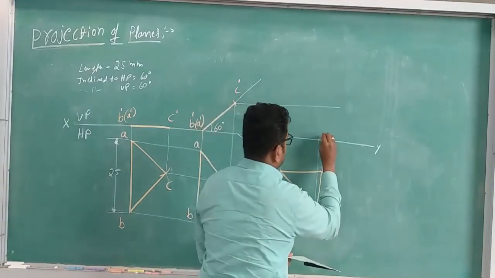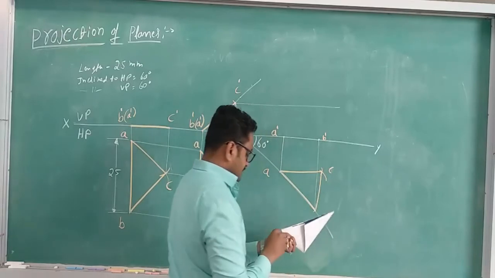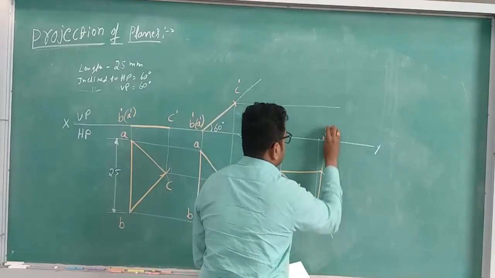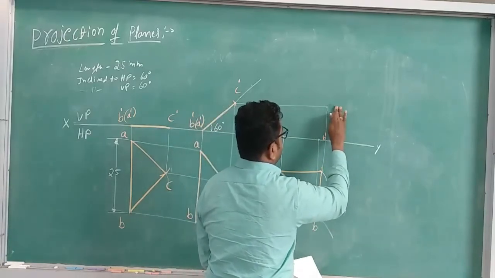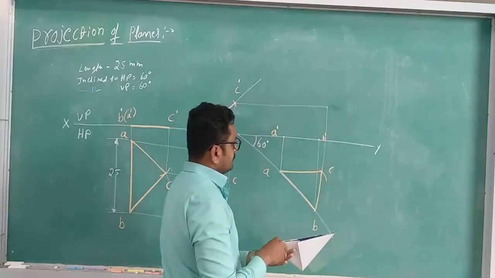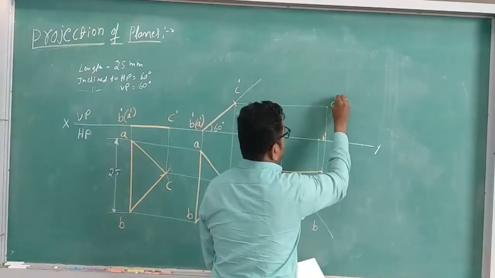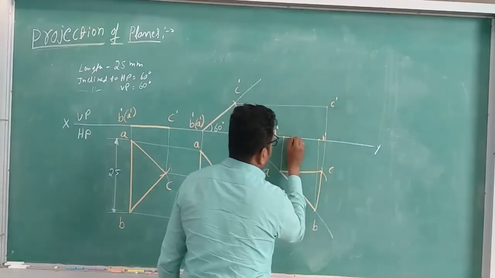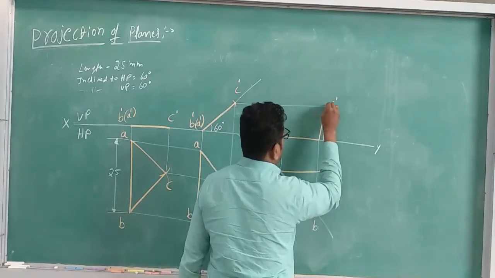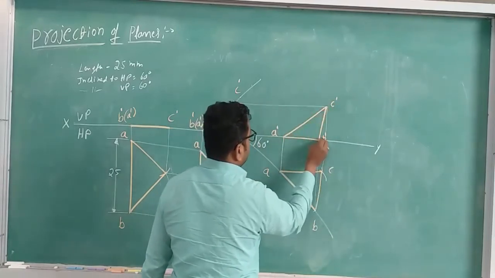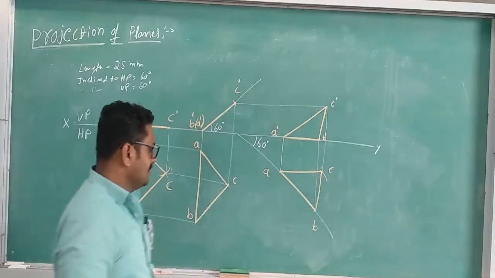So we can get B dash here, then C dash will be here. Then after that join A dash to B dash to C dash, and back to A dash.